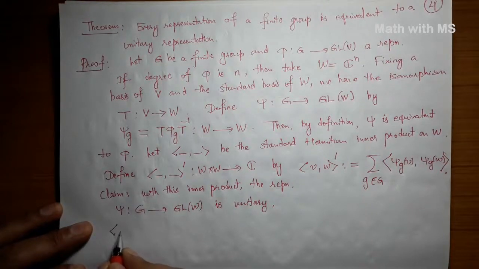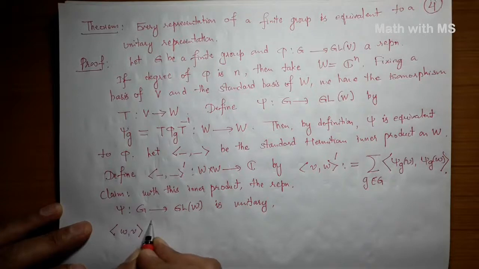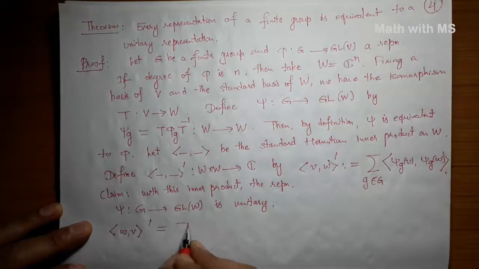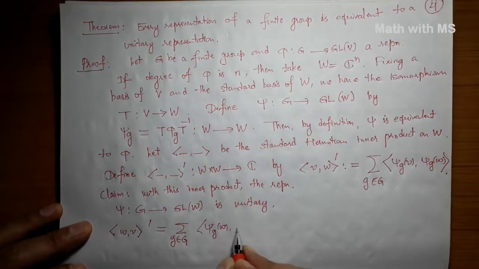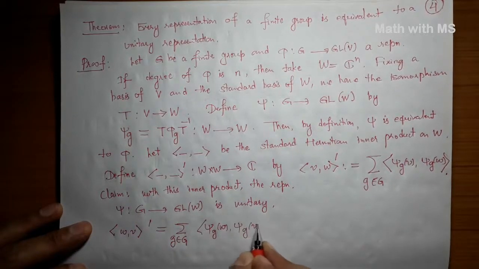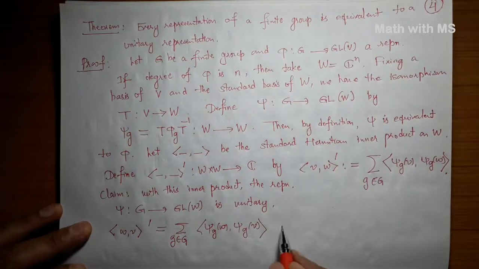So the inner product of w comma v prime is by definition the summation over g belonging to the group G of ⟨ψ_g(w), ψ_g(v)⟩. But now what is this?